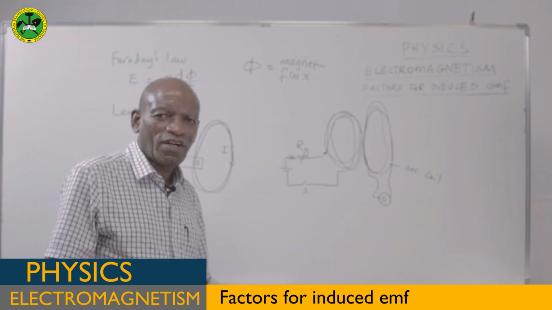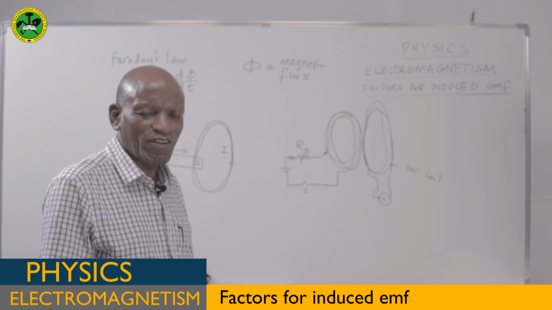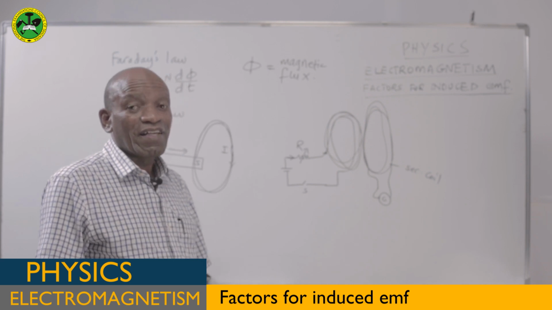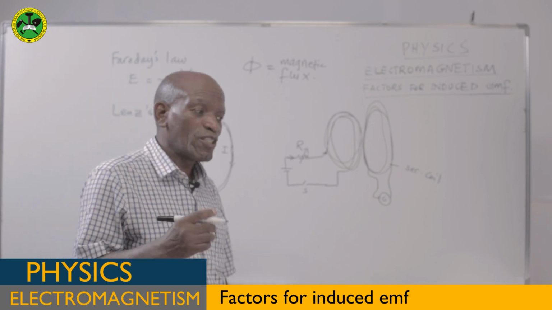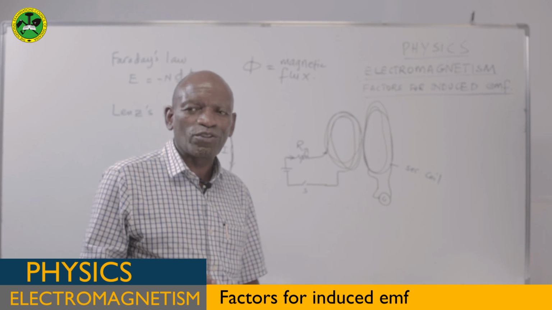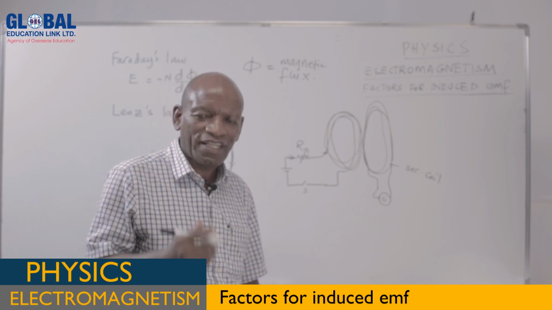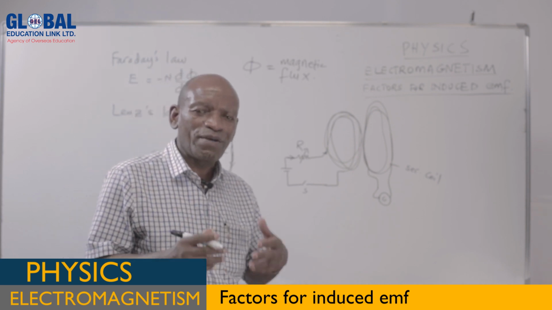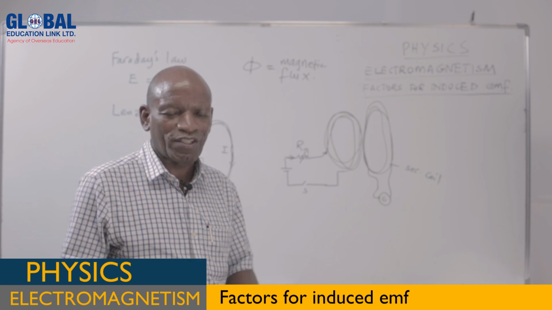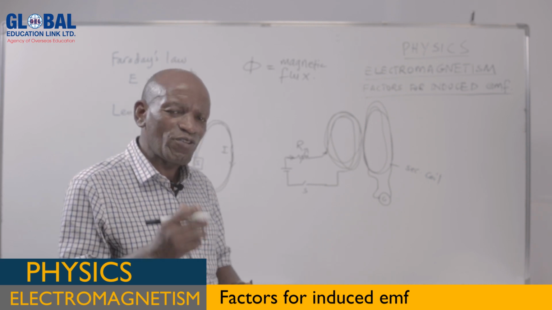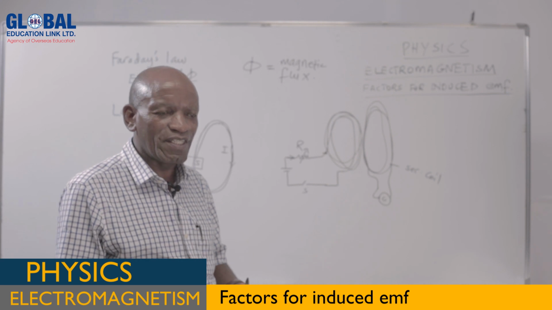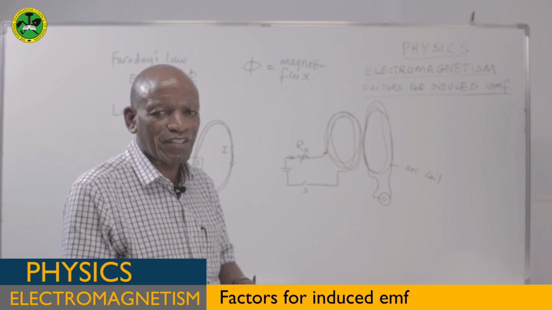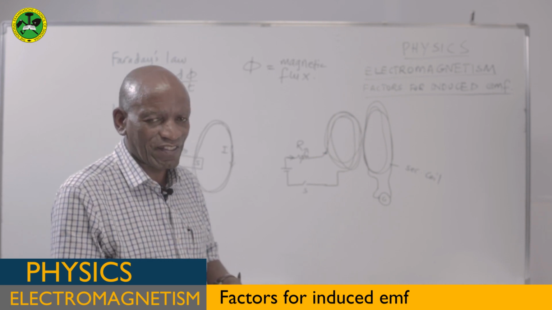Okay, students, as you have already seen, the direction of the induced EMF is dictated by Lenz's law. This can as well be determined by the use of what we call Fleming's right-hand rule, whereby if a conductor moves in a magnetic field perpendicular to itself, then the direction of the induced EMF can as well be obtained by using your right hand, by representation of the first three fingers.